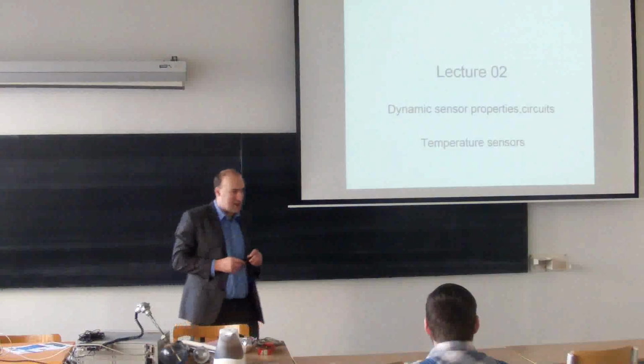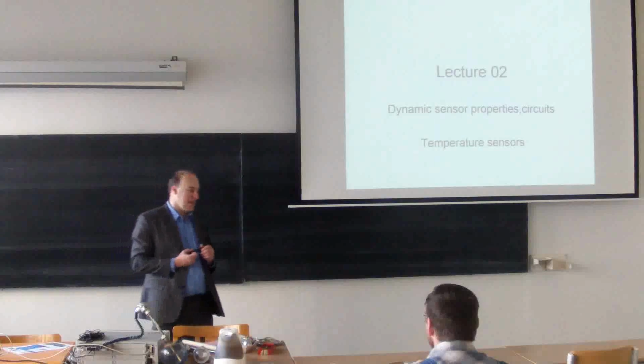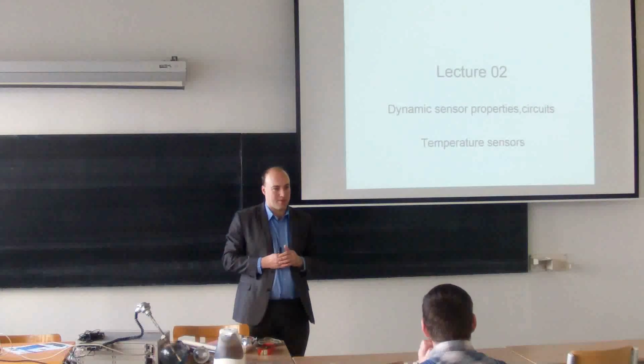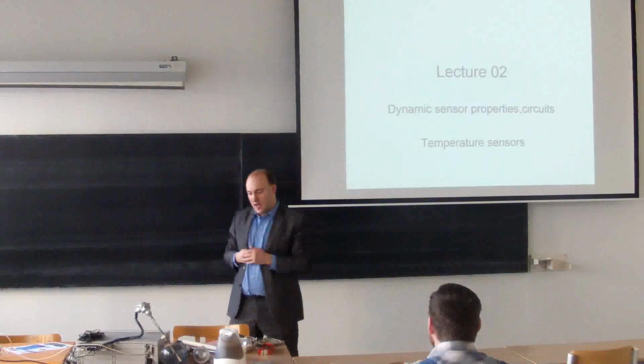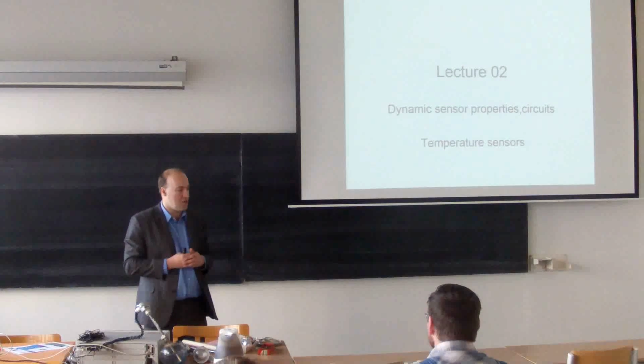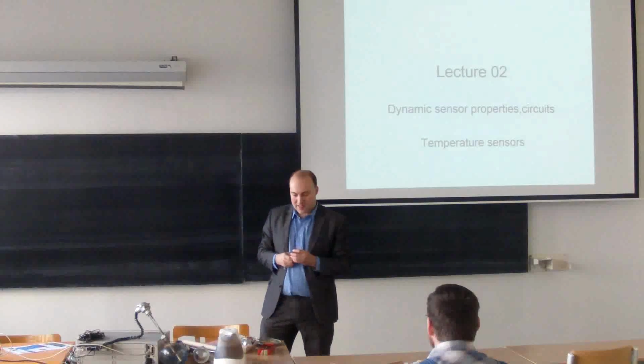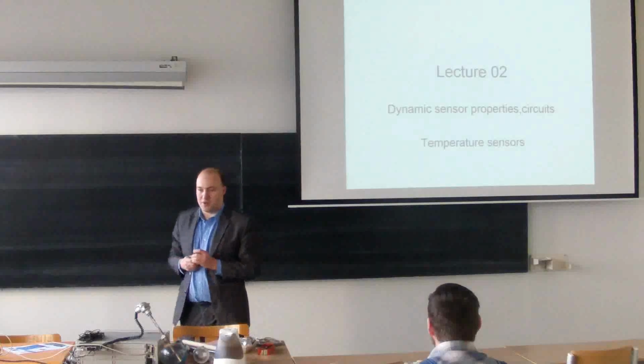So, last week we discussed some basic properties of sensors. We discussed how to get accuracy, how to measure a steady state response of some kind of sensor. And at the end we were discussing some basic information about uncertainties of measurement.